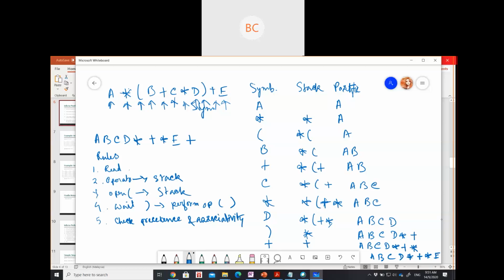Okay, if your associativity is left to right, what you will do? Pop and print. You will simply pop the top of the stack and print it. Then you just push your next incoming operator.